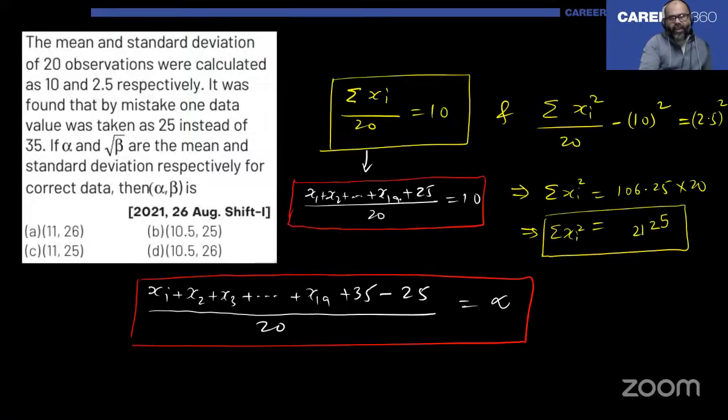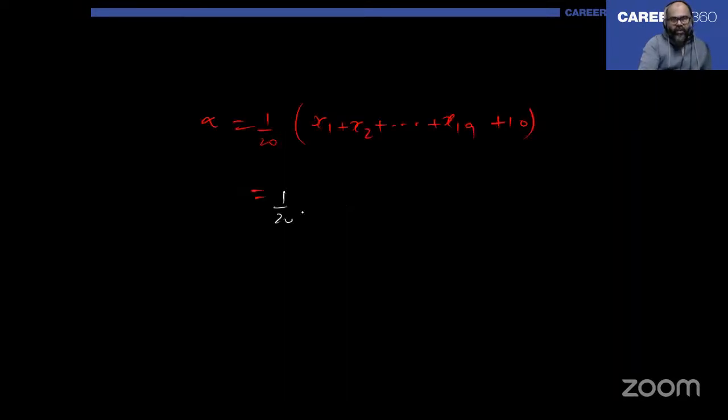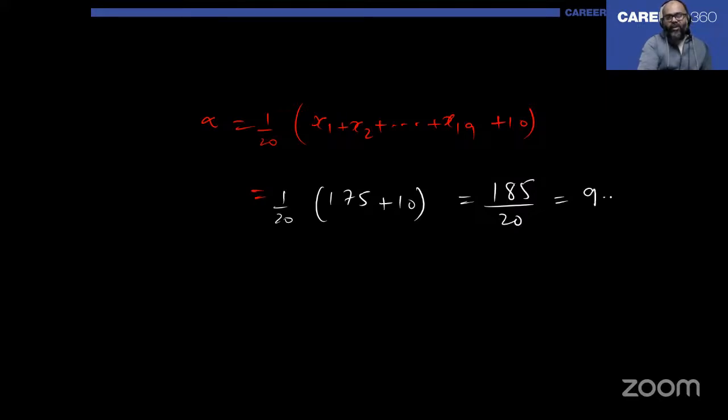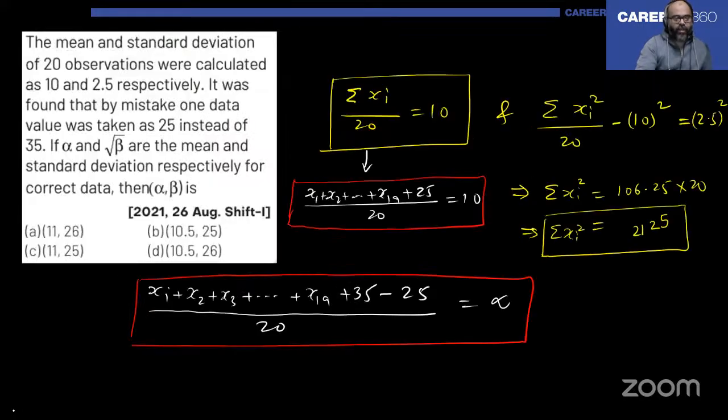Here x1 till x19 is 20 into 10, 200, minus 25, that is 175. So it is 175 plus 10, that is 185 by 20, which is 9.25. So alpha is the mean, 9.25, but it is not matching with any of the options.